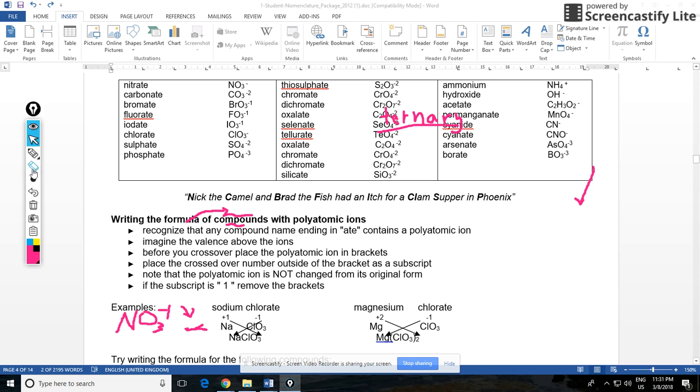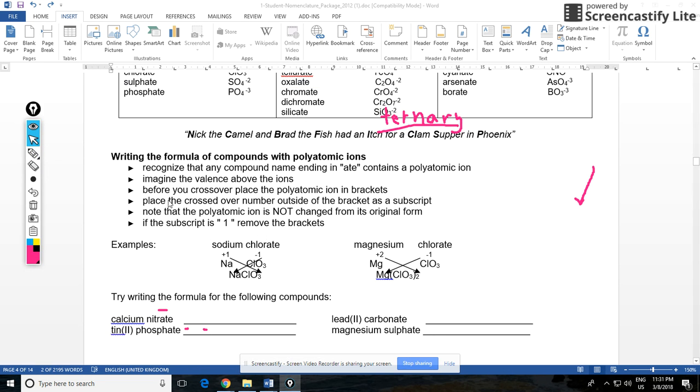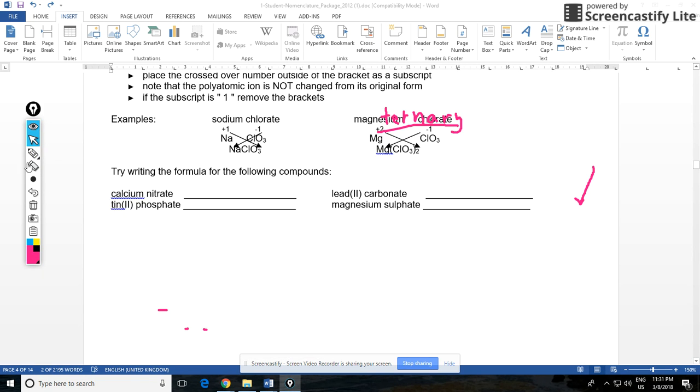We're going to start off by naming, and afterwards we're going to write formulas for ternary compounds. Let's say that we had CaCO3.